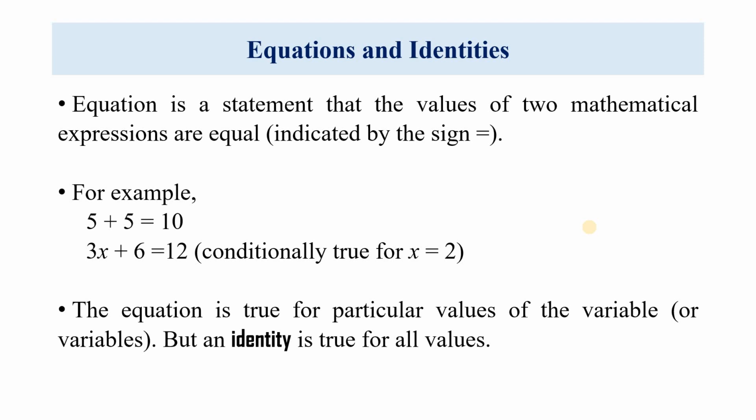That means in our second example, 3x plus 6 equal to 12, the equation is true for particular values of the variable or variables, but an identity is true for all values. Right? An identity is true for all values. So what are identities? Let's see in some detail with an example: a plus b whole square equal to a square plus 2ab plus b square.